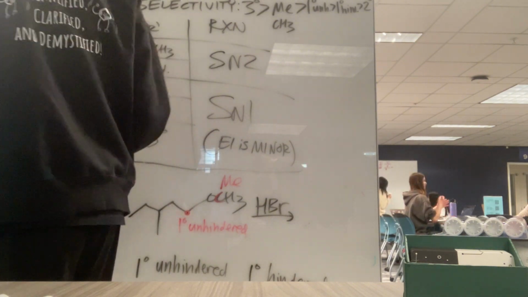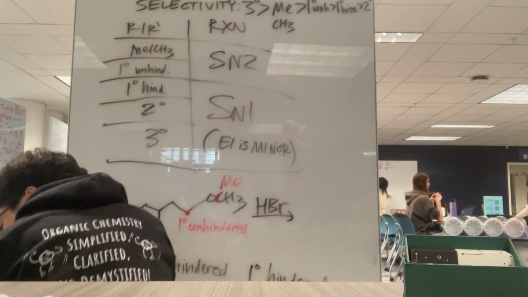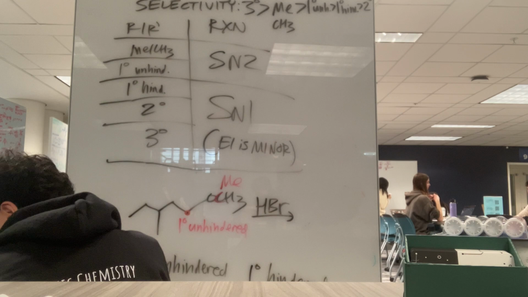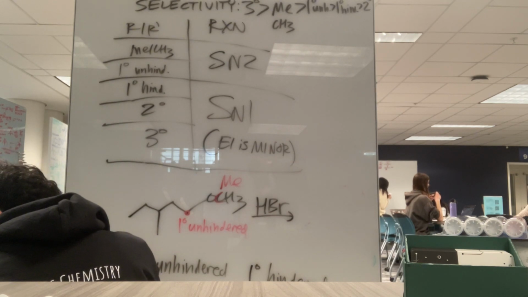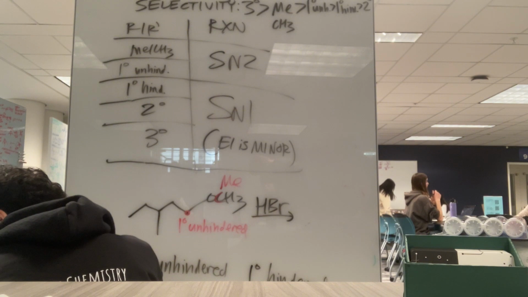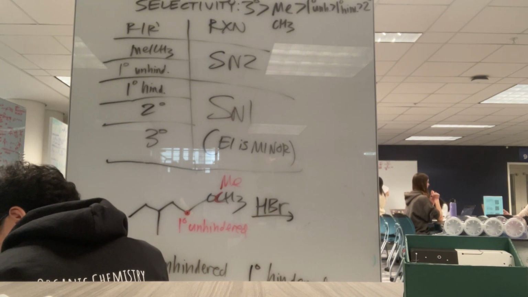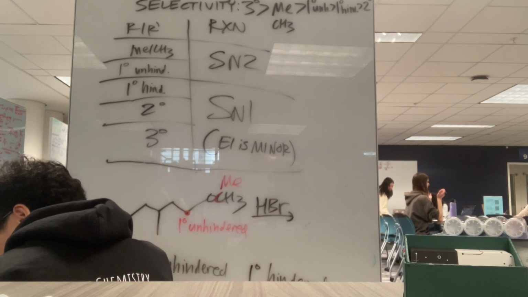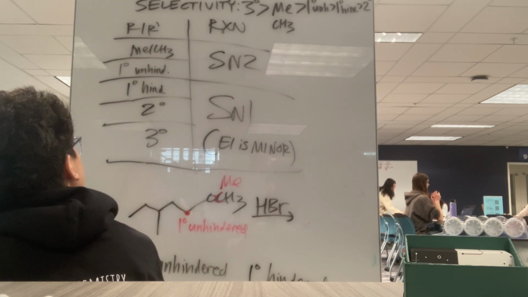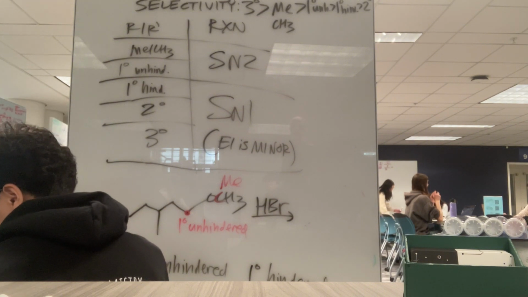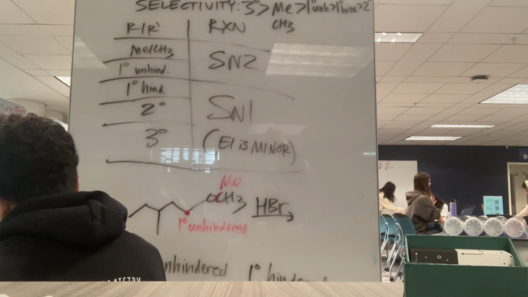So what's going to happen here is, wait, let's see here. Bromine. Leaving group. Wait, hold on. Tertiary, primary unhindered. SN1.